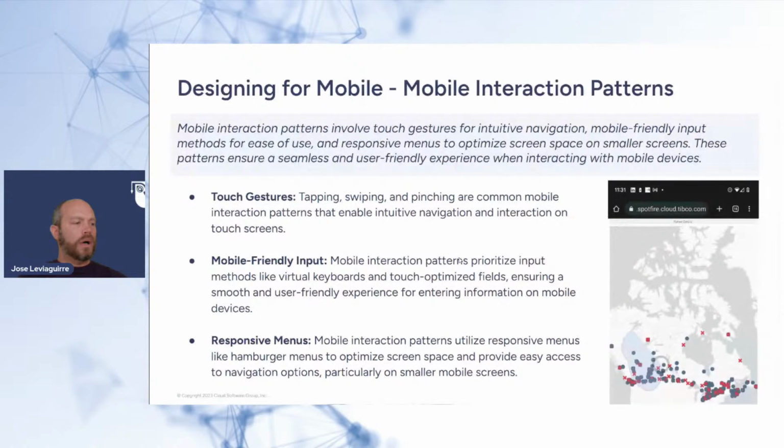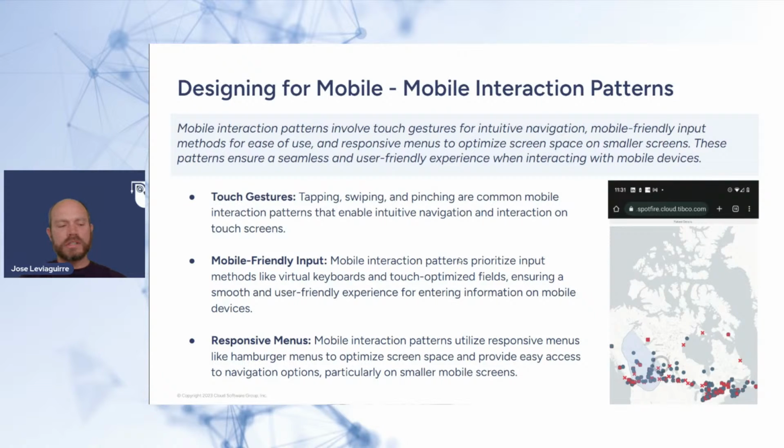Okay, so there's one more concept before we move on to Spotfire and how Spotfire implements these concepts, and it's designing the mobile interaction patterns. So we have the touch gestures, which are tapping, swiping, and pinching, common mobile interaction patterns that ensure intuitive navigation and interaction on touch screens.